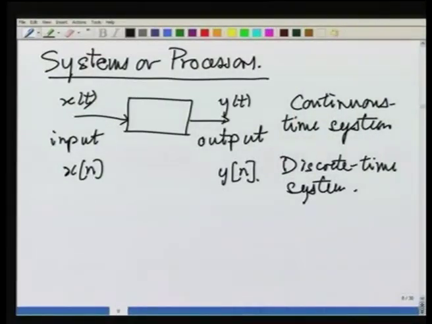So, this just recalls to us what our system was defined as.